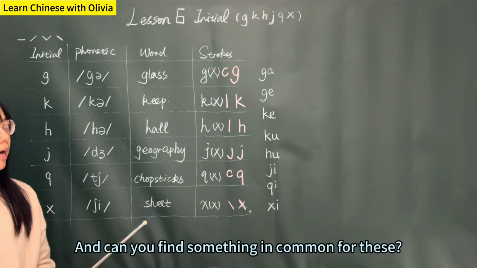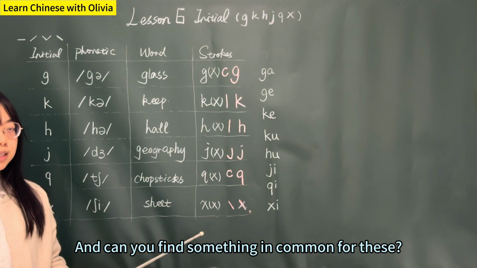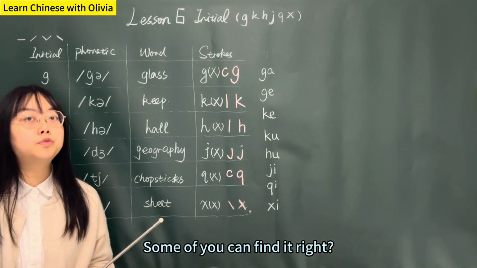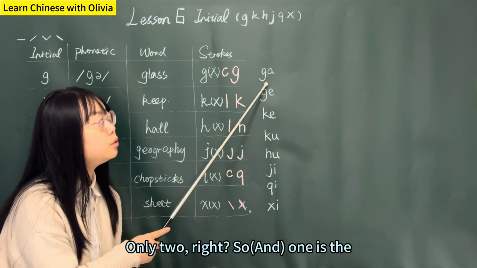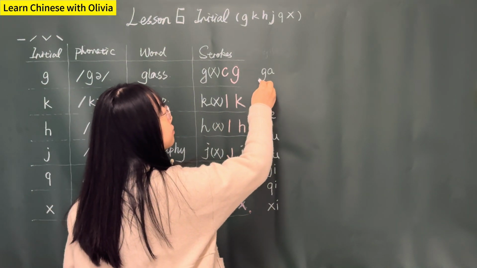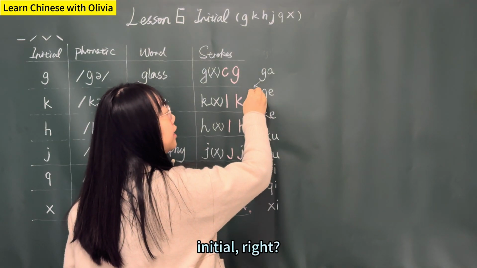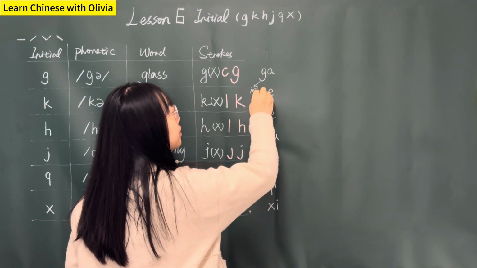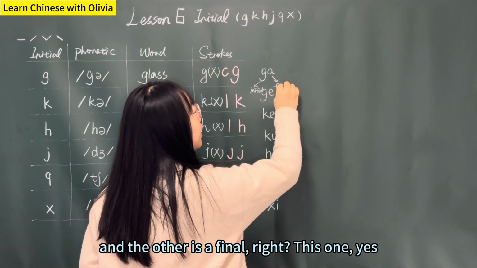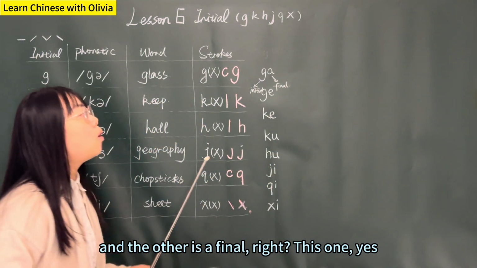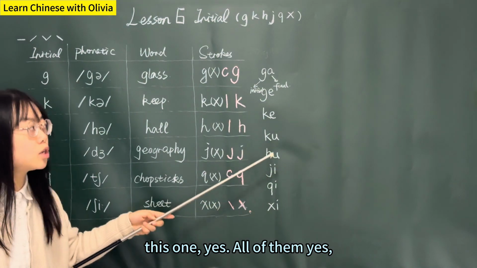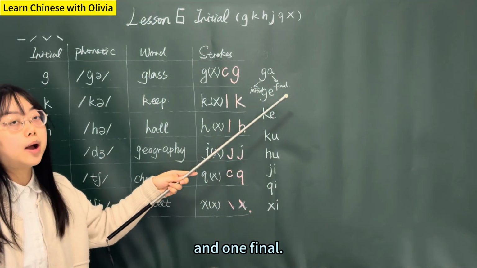Can you find something in common for these? Some of you can find it, right? Only two: one is the initial, and another is the final. All of them have only two, one initial and one final.